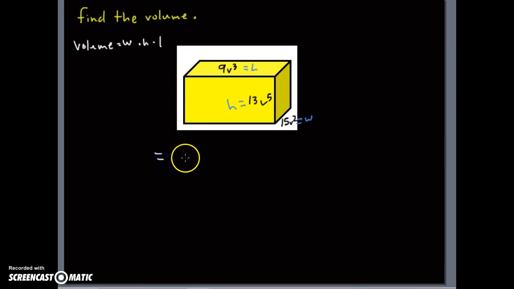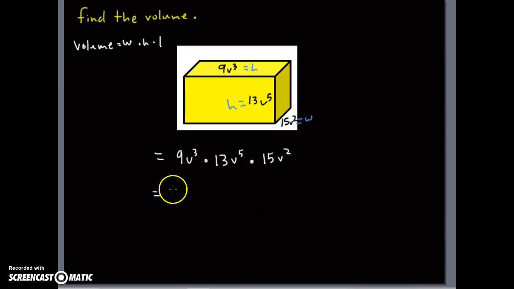So I'm going to go ahead and set it up now. We've got our volume equaling 9v to the 3rd times 13v to the 5th times 15v squared. I'm going to go ahead and rearrange this now.